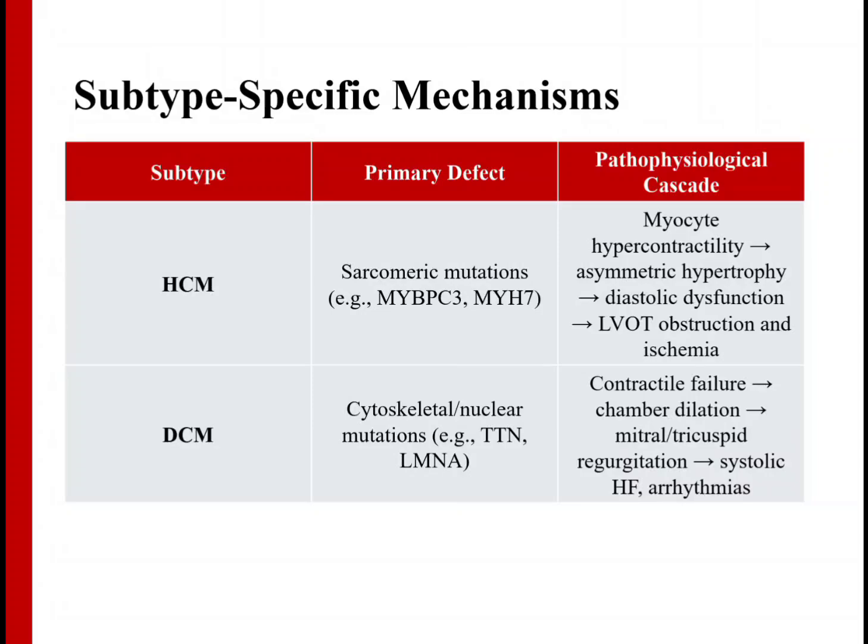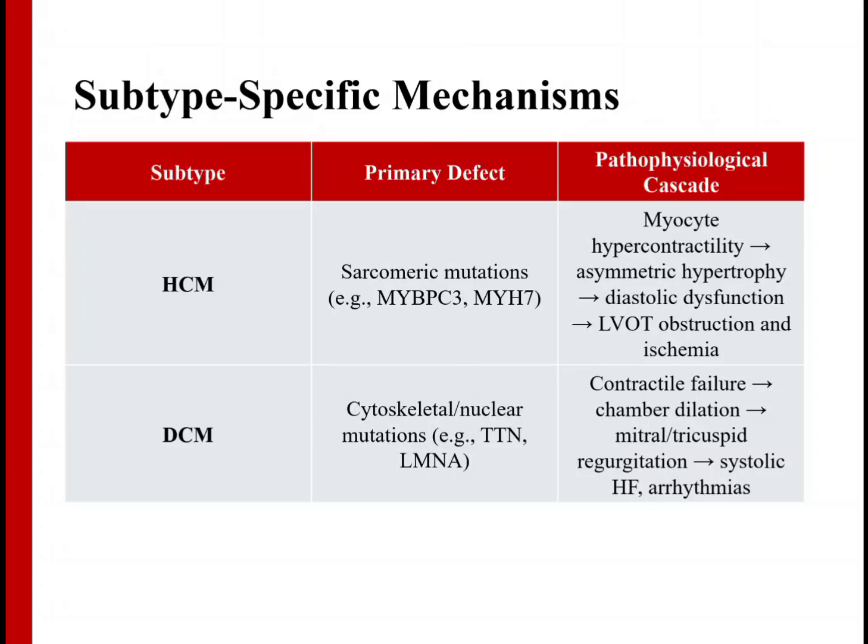But paradoxically, this will lead to asymmetric left ventricular hypertrophy, diastolic dysfunction, left ventricular outflow tract obstruction, and even myocardial ischemia despite clean coronaries. And this is why these patients often have preserved ejection fraction but reduced filling capacity and risk of sudden death.